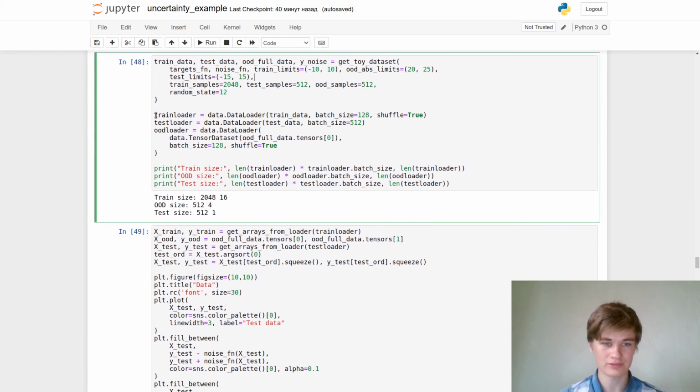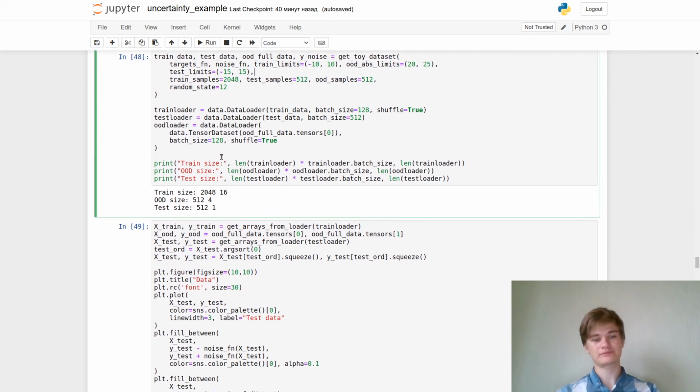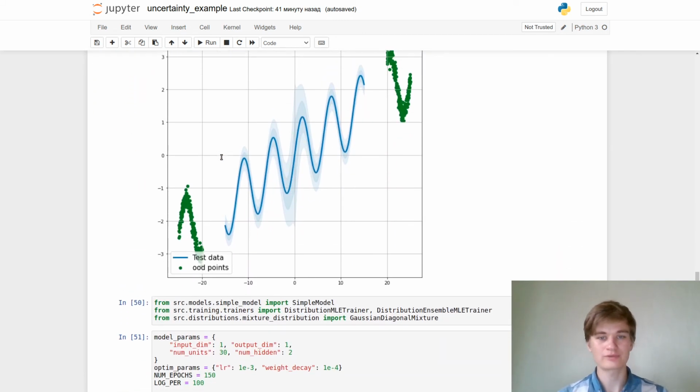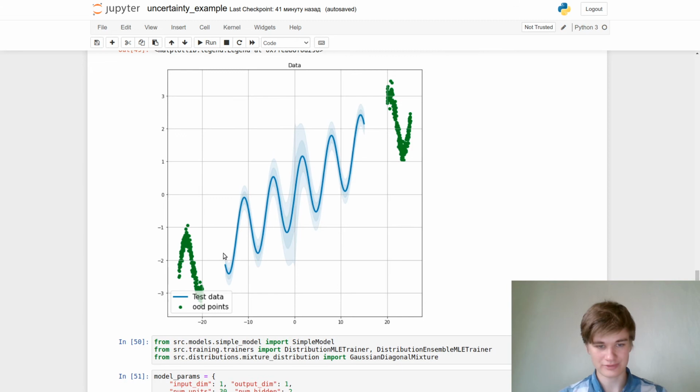We create our loaders of data. So yes, our data looks like that. We have this function. From -10 to 10 we have our train region. Inside 0 we have high noise. This is variance of our targets.